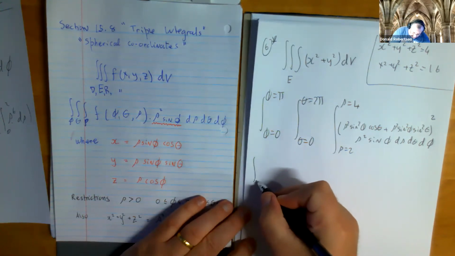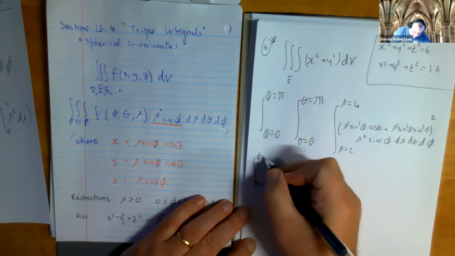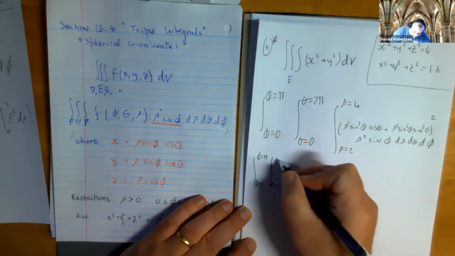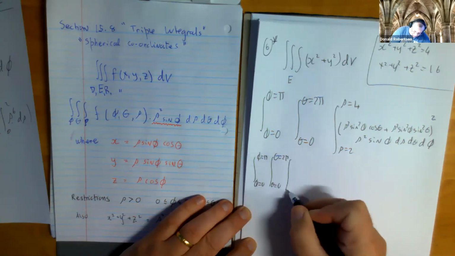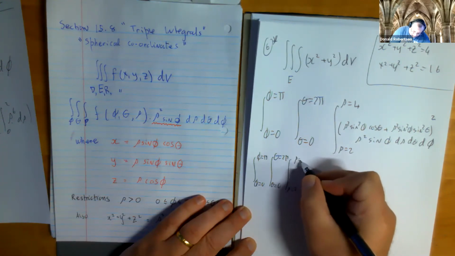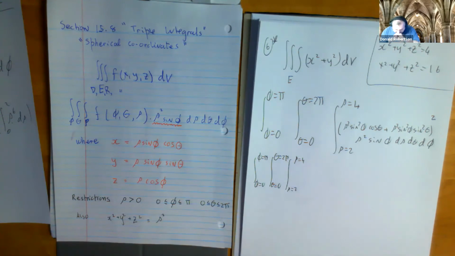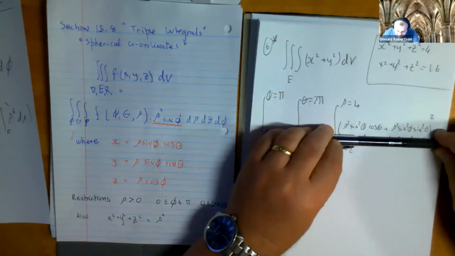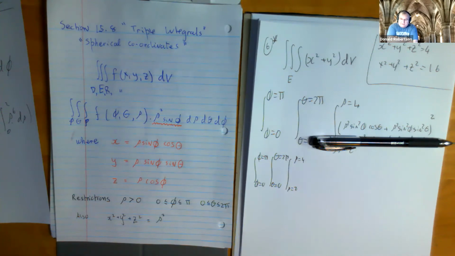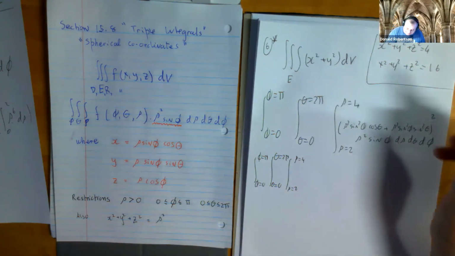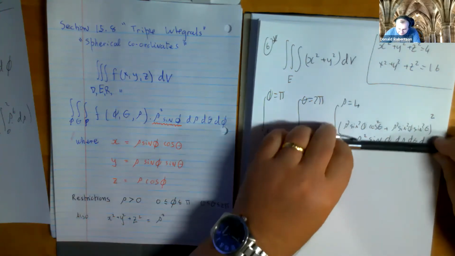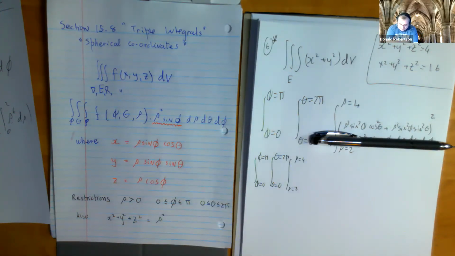So it's going to go 0 to pi, 0 to 2 pi, 2 to 4. Try to do as much as I can in one go here. Rho squared, sine squared phi, cos squared theta. Rho squared, sine squared phi, sine squared theta. If you add them together, don't you get rho squared, sine squared phi? Agreed?